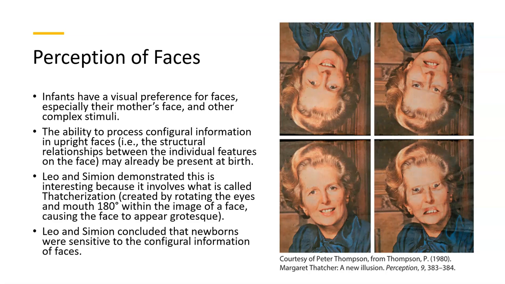So we're less horrified by the upside down Thatcherized face than we are by the right side up Thatcherized face, because in the right side up one, those eyes look really demented, and that mouth is very frowny and is showing teeth. So what we're getting is a bunch of confusing messages about what this face conveys.